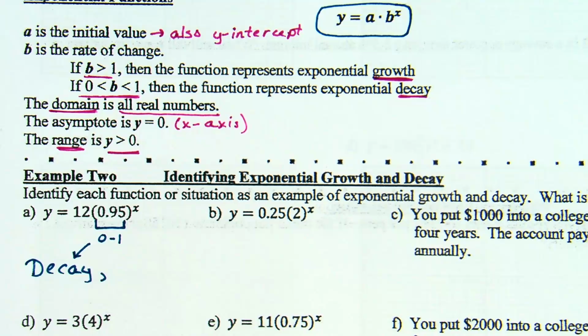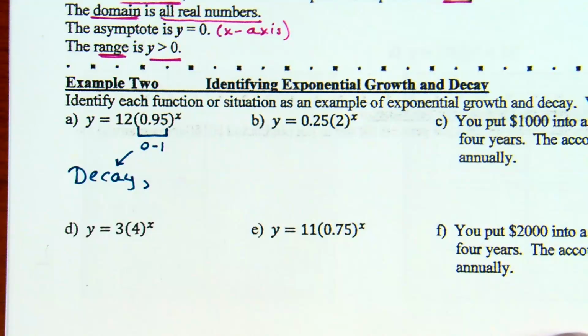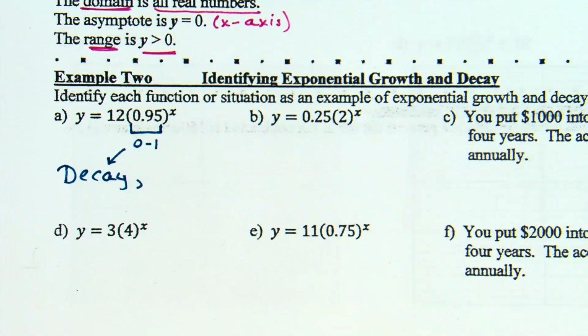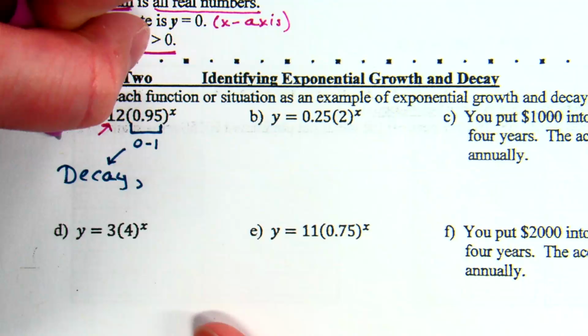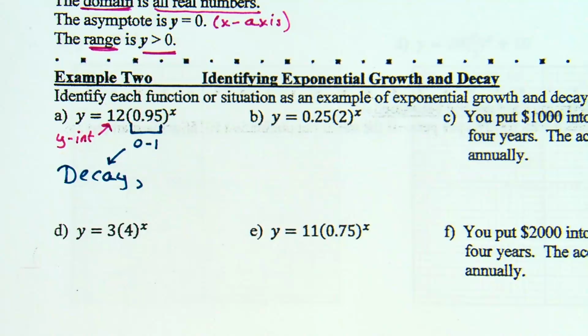We were also asked for a y-intercept. What's our y-intercept? Okay, and I think Carter said a at first. It is. It's the a value, right? Where do we find our a value? Out front. Now, I personally don't care if you tell me the y-intercept is 12, using those words.